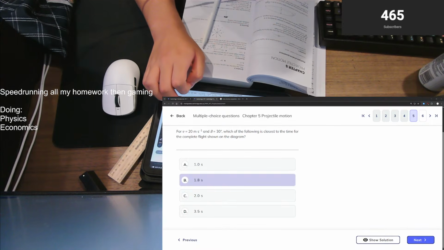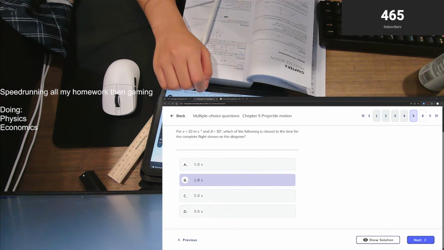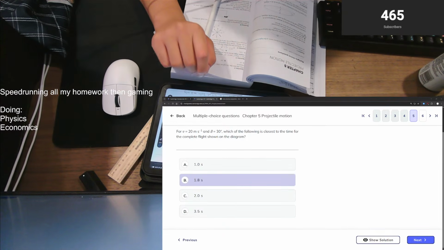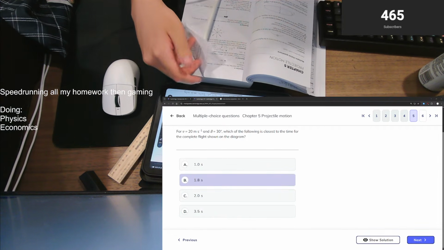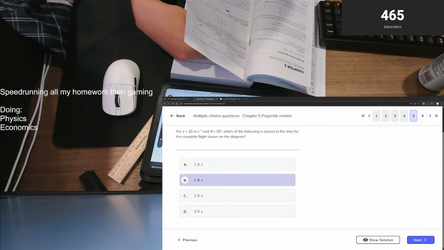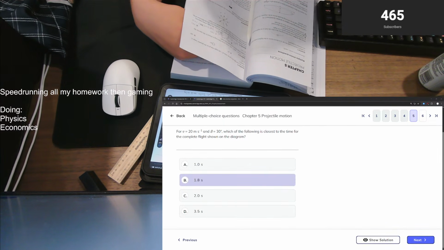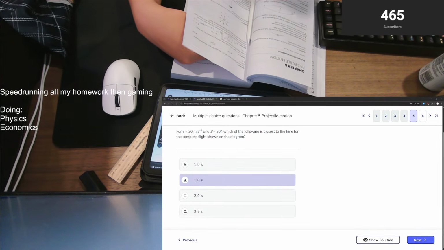I'm using the equations of motion and it's not telling me anything. It's telling me time is 0. Why do you do 20 sine 30 over 9.81?